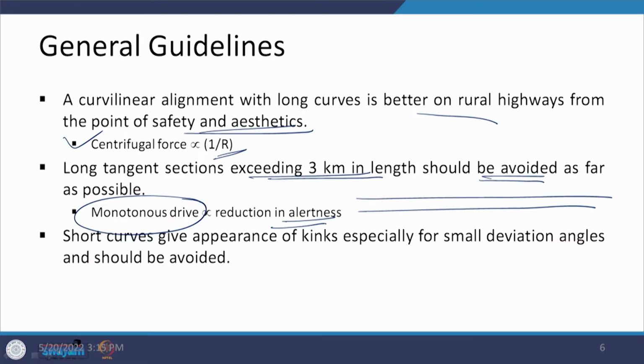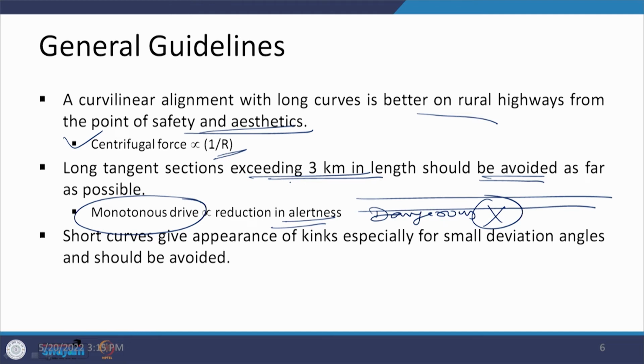But if any other road user has an issue, or some new element comes on the carriageway and you are not alert, because it has resulted in a monotonous drive and your alertness has reduced a lot, then there is going to be a dangerous situation, and we need to avoid this dangerous situation. That is the reason that long tangent sections exceeding 3 kilometers in length should be avoided.